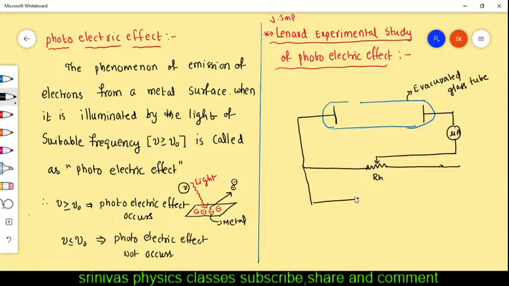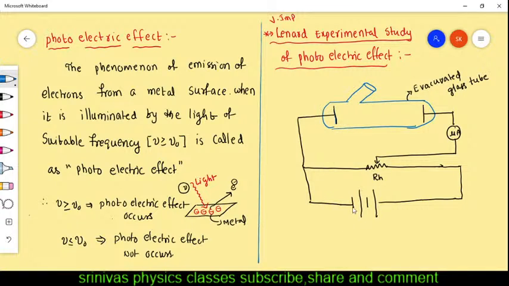This is the battery. Right, this is the diagram. You see here very carefully. It is useful to study experimentally the photoelectric effect.